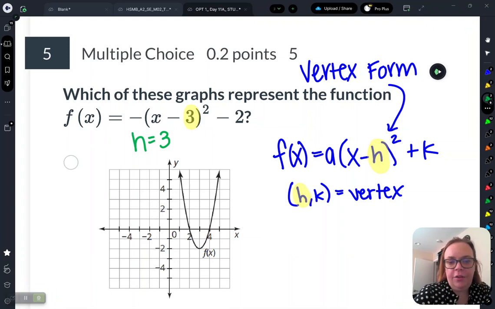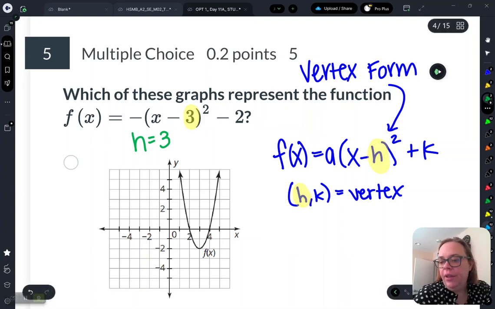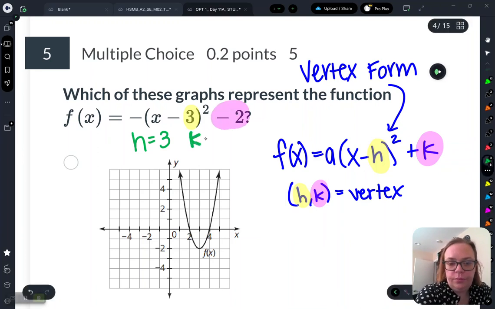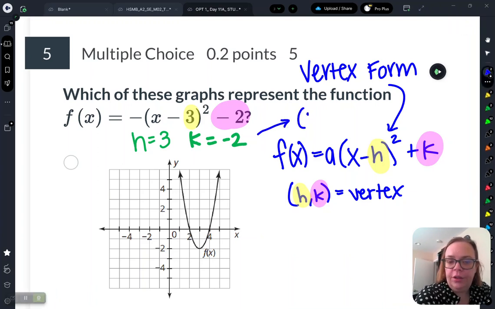Now the k acts different. It doesn't have that negative sign in front of it. So you take exactly the sign that you see. So if you see a minus 2, that's the k. So that gives us our vertex is (3, negative 2).